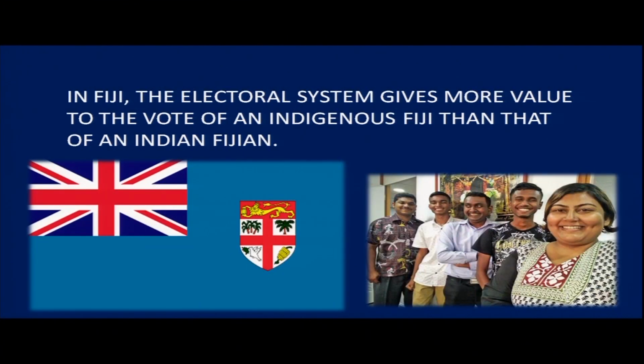In Fiji, the electoral system gives more value to the vote of an indigenous Fijian than that of an Indian Fijian. So from these three examples, we know that still countries exist where the right to vote is not enjoyed by all the citizens in an equal measure.